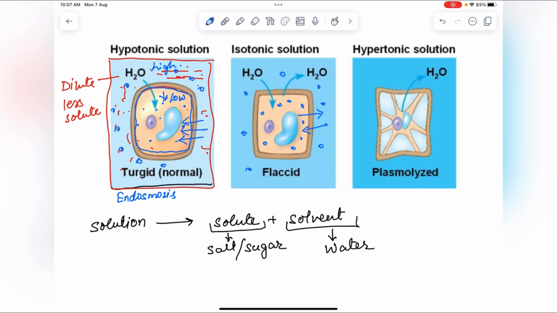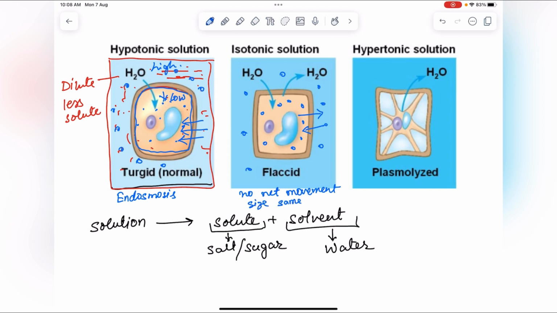The amount of water going into the cell is equal to the amount coming out, so there is no net movement of water. The cell size will remain the same.